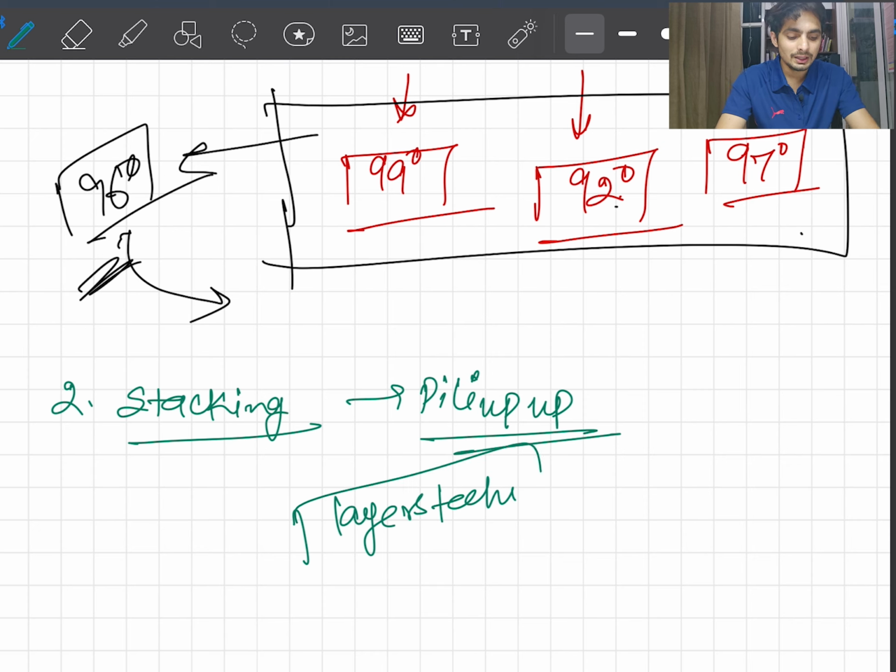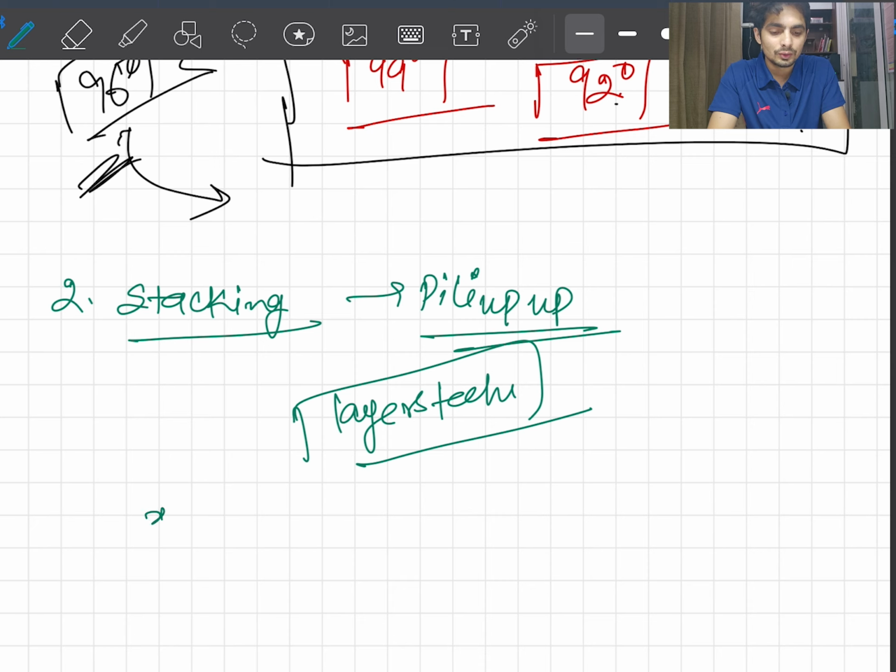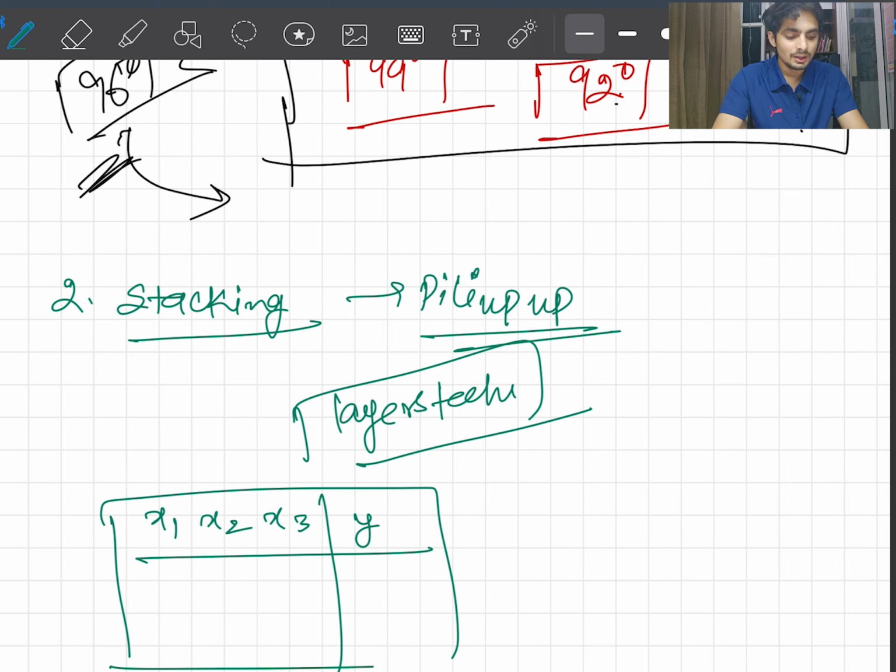Generally when we are doing a prediction, we have multiple features, x1, x2, x3, which are the input values, and we have the final set of variables. In stacking, we pass this data to different models, model 1, model 2, model 3. In stacking we call these models base learners.